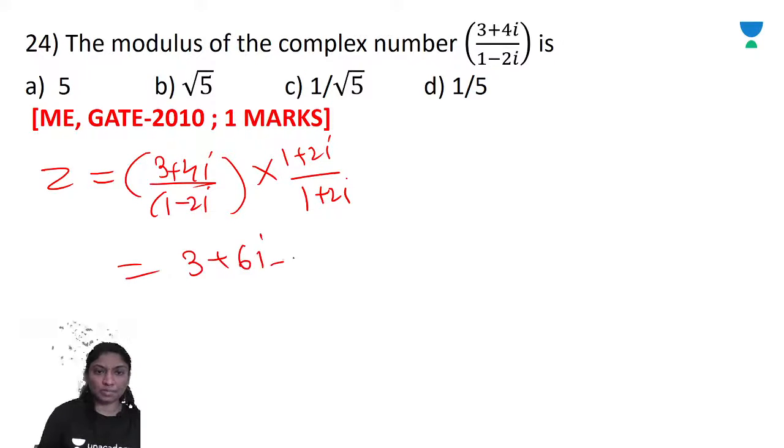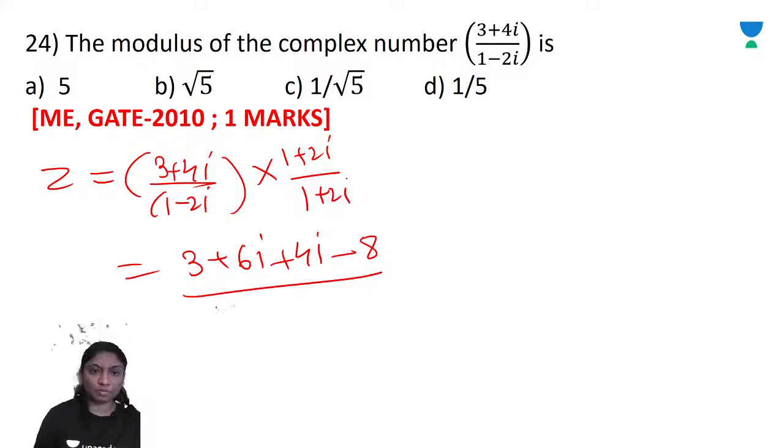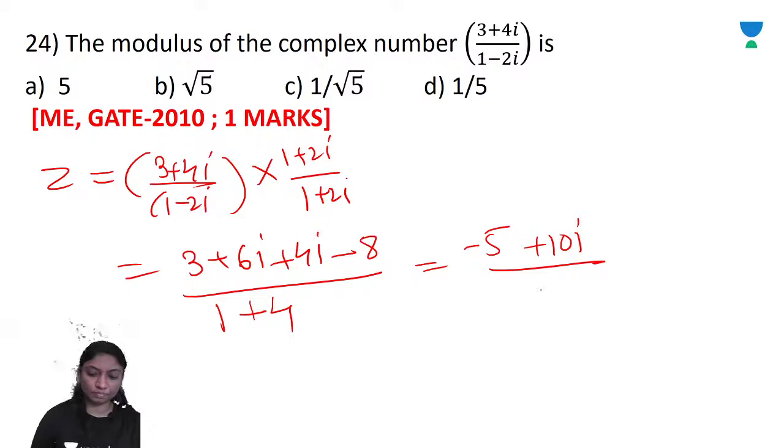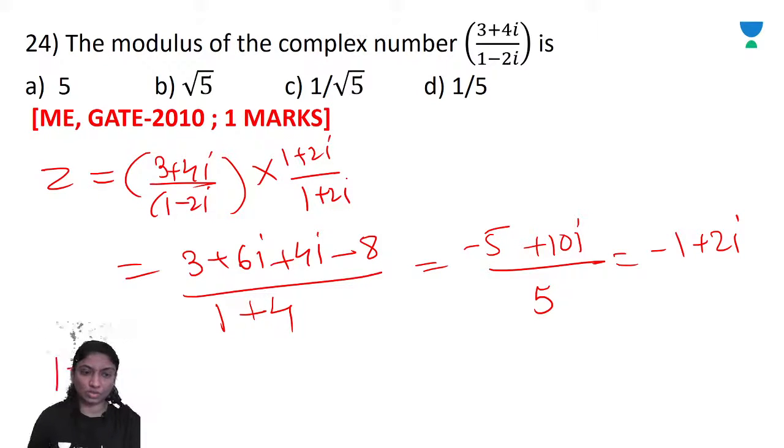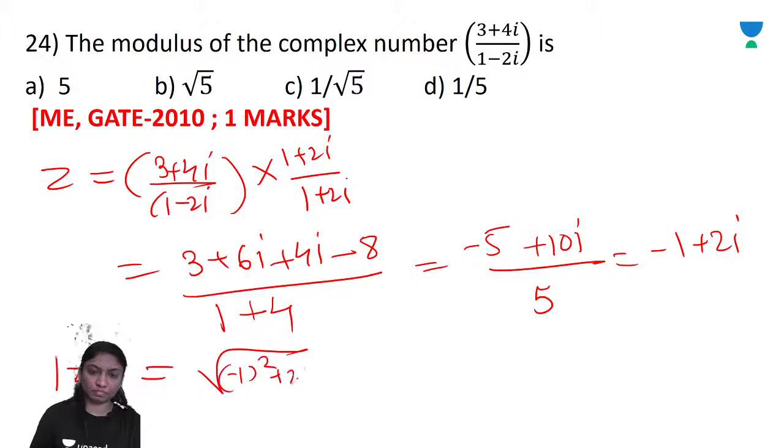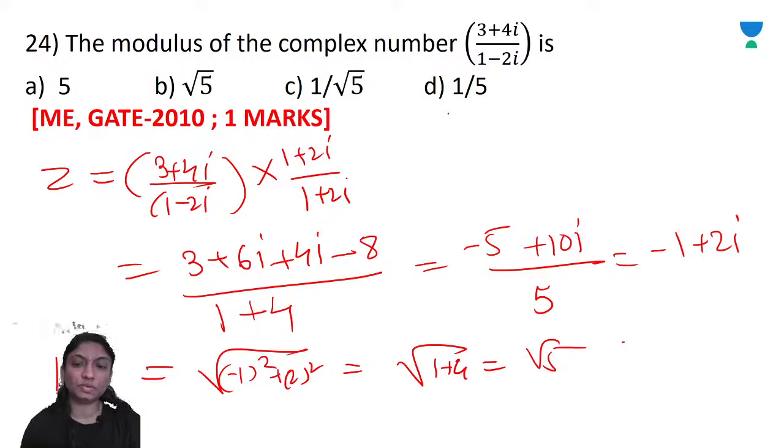That gives 3 plus 6i plus 4i minus 8 upon 1 plus 4, which is minus 5 plus 10i upon 5, equal to minus 1 plus 2i. So mod of z is equal to root of 5.